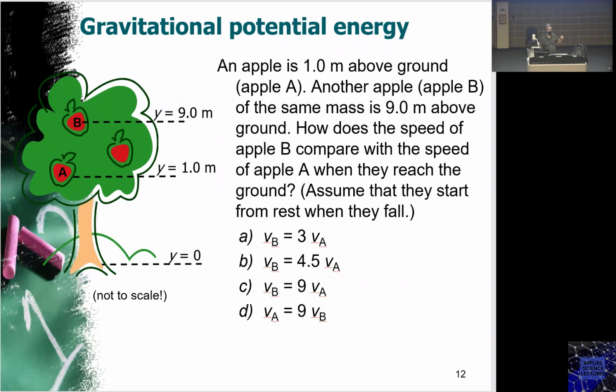Are you expecting the apple that is at a higher height to have a speed before it hits the ground that is greater than the apple that has a lower height? Yes. But do you know the number? Do you know how much is the ratio?